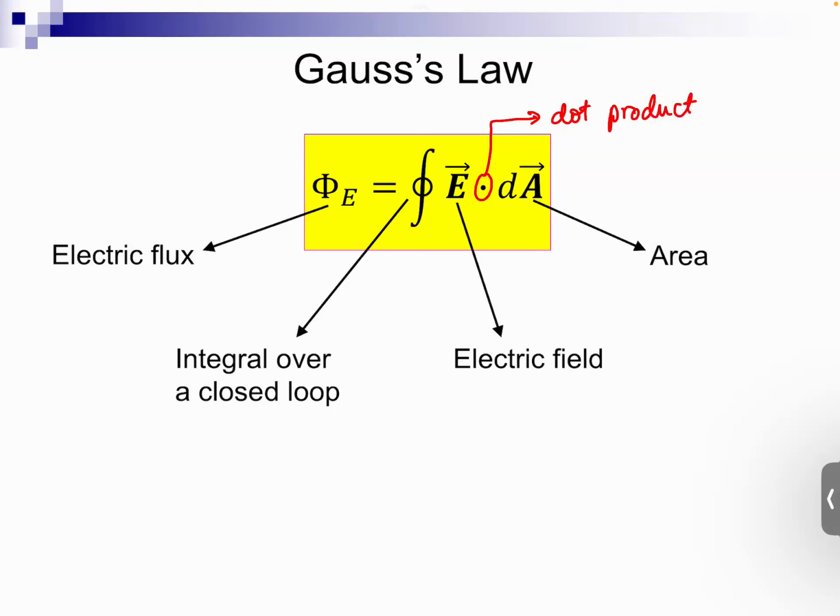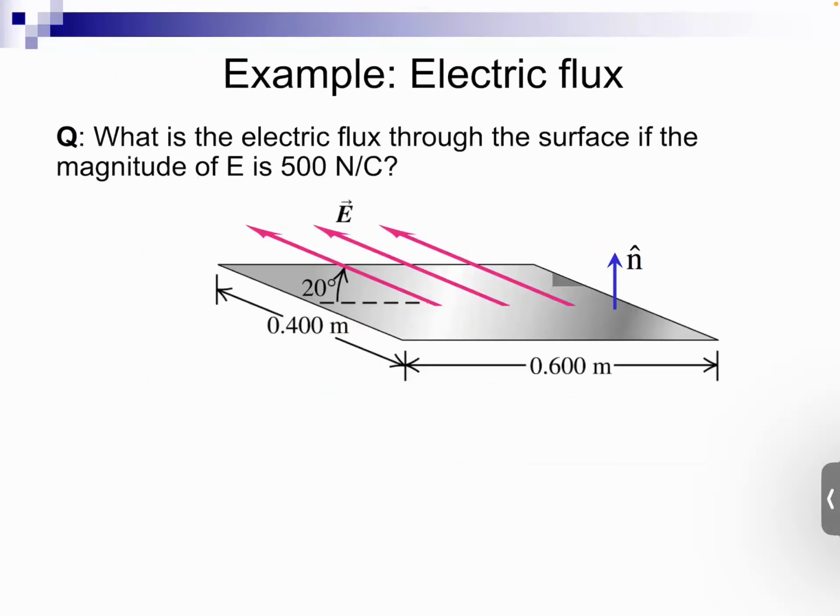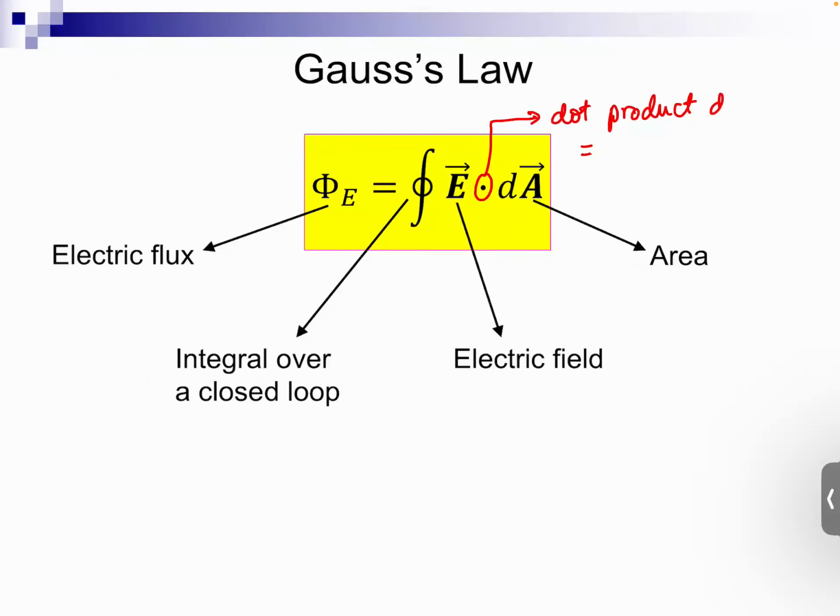The dot product is defined by a cosine theta function, so you can essentially write this down as the electric flux is equal to the integral of E cosine theta dA.